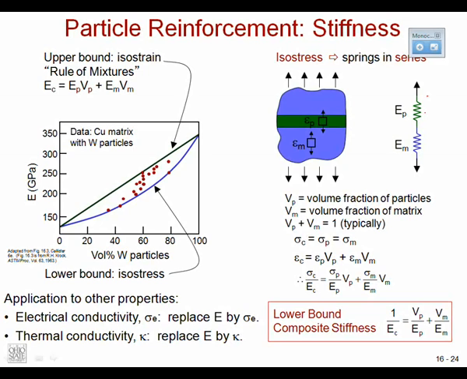And this is how you calculate the stiffness of the composite for a particle composite, a whisker composite, or fibers loaded in the transverse direction. So this is how you calculate the stiffness using this equation.